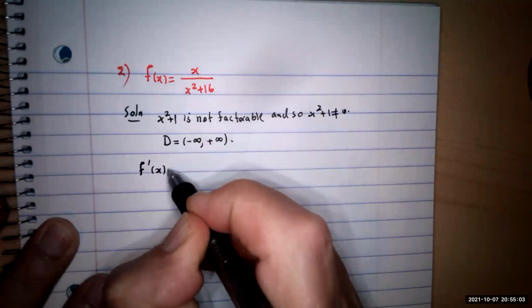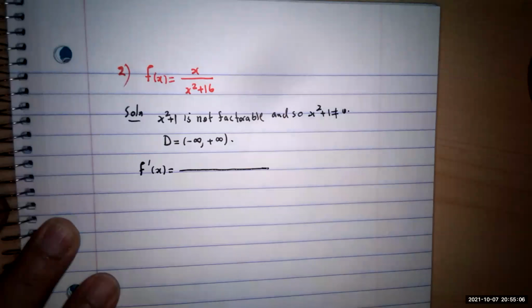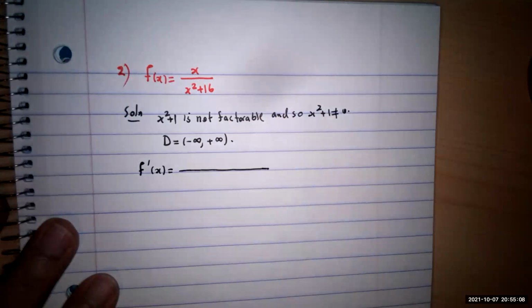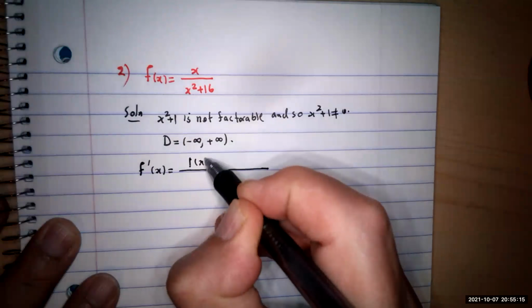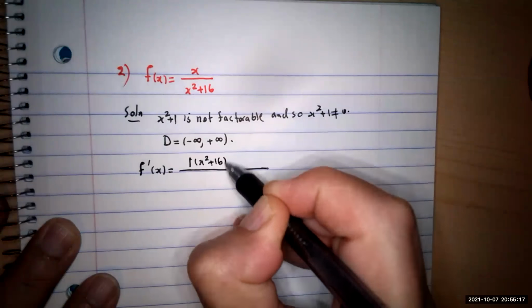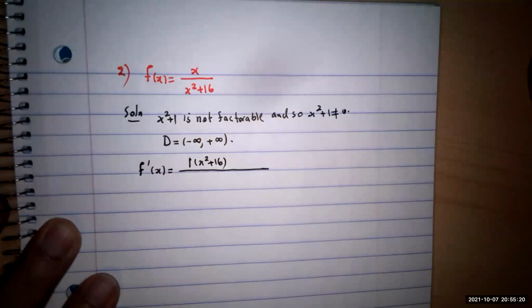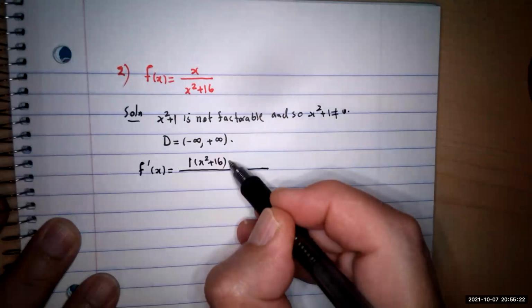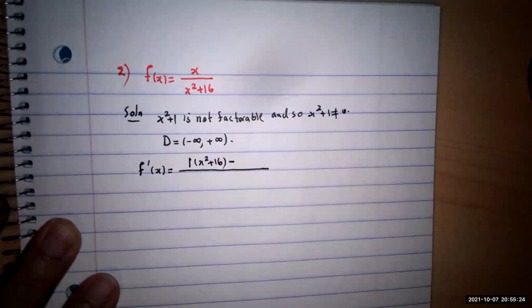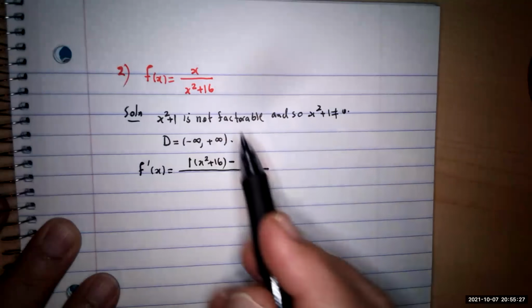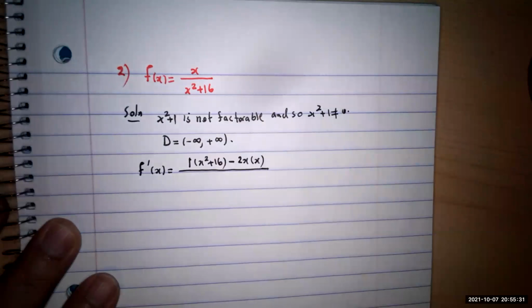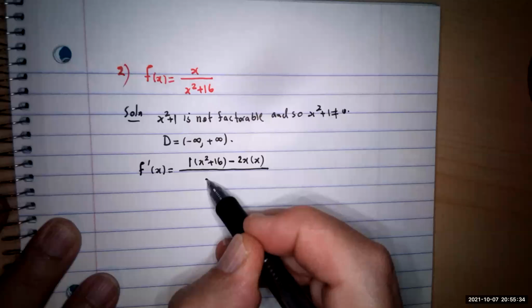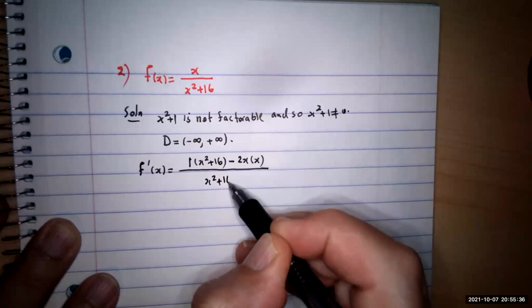F prime of x equals the derivative of the top, which is 1, times x squared plus 16, that's the derivative of the top times the bottom, minus the derivative of the bottom, which is 2x, times the top, x, divided by the bottom squared, x squared plus 16 all squared.